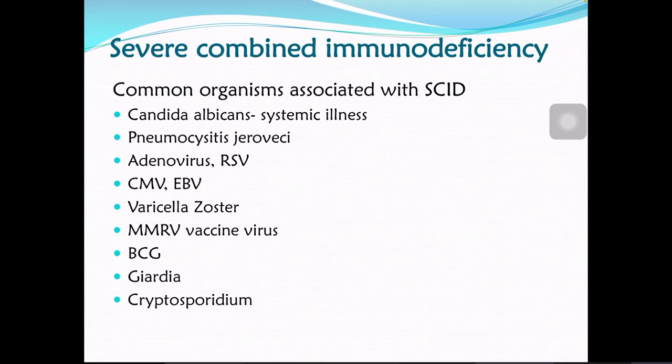They can have illness because of vaccines, and the MMRV, which is given in the West, is known to cause illness in them, and so is the BCG. And the diarrheal illness they have is usually caused by either Giardia or Cryptosporidium.